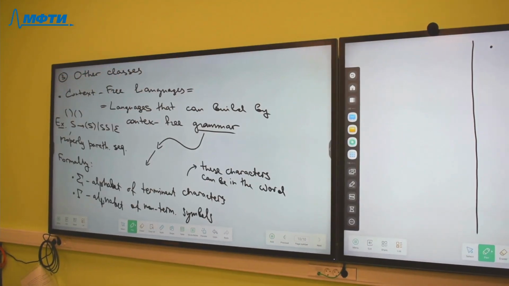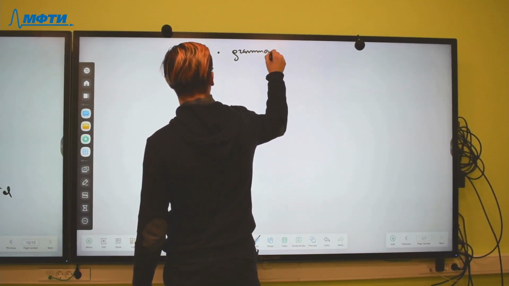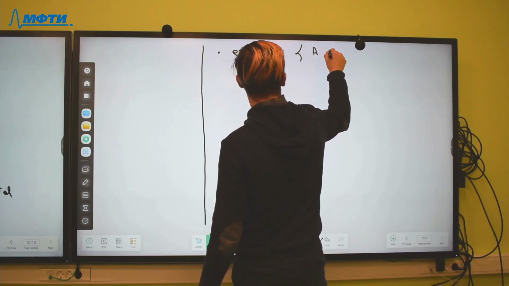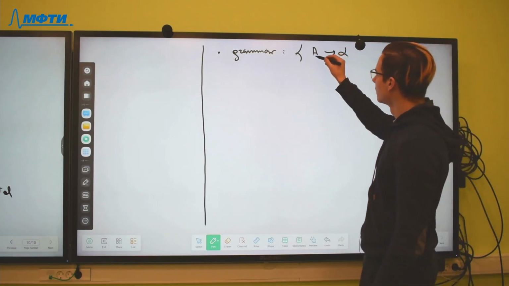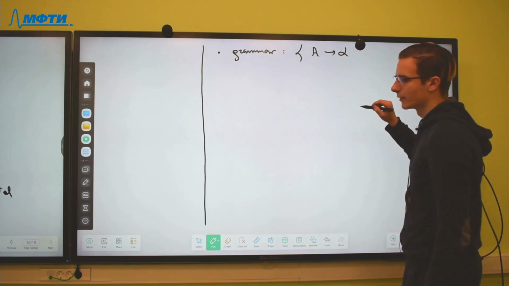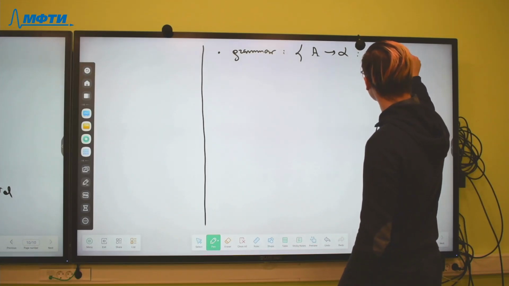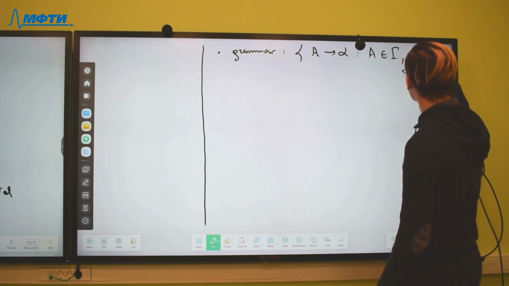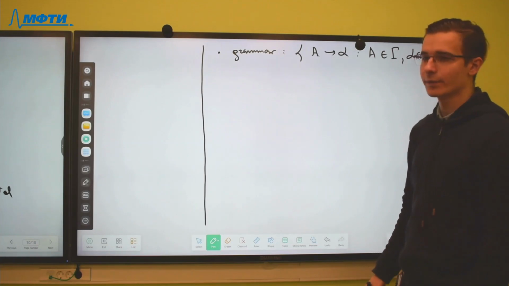And grammar, that is the set of such diagrams in which A is a non-terminant symbol and alpha is any word that we can build with these two alphabets.